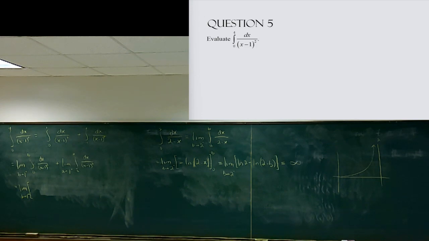Oh, so we have to write this as negative 2. So this will be (x minus 1) to the negative 2. Negative 1 over x minus 1. Yeah. That goes 0 to B.